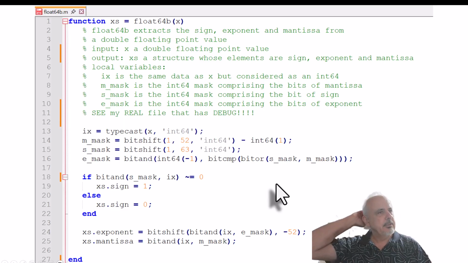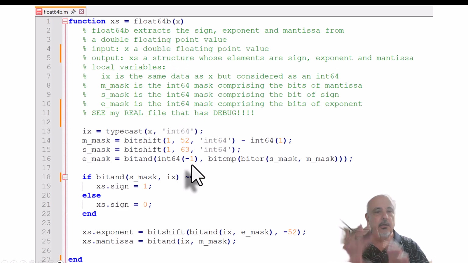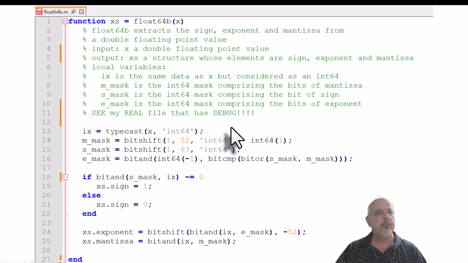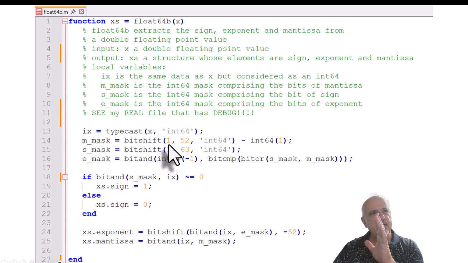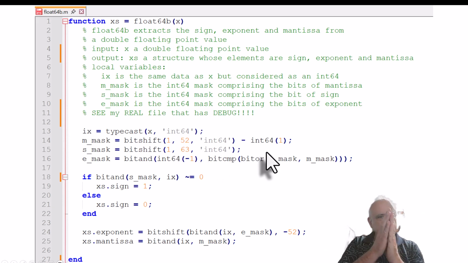Okay, so this is the code that I just called up with the float64b. Look at my actual code, because it shows the printing with the debug. My real file has a debug capability, but you're creating this mantissa mask by taking 1 and shifting it to the left 52 places and then subtracting 1. That's what gives us the 13 F nibbles that we're going to use for the mask.